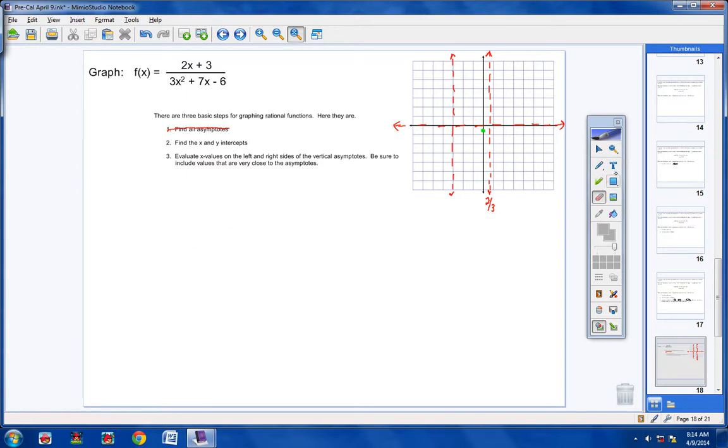Now let's find the x-intercept. Here's where it gets a little tricky, okay? For the x-intercept, remember you put a 0 in for y. So here's basically your y. I put a 0 there.